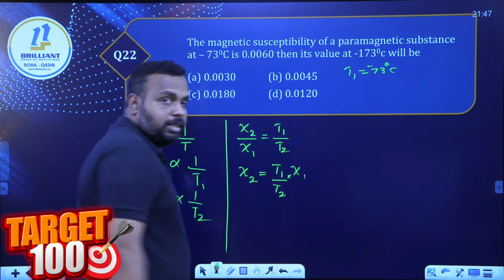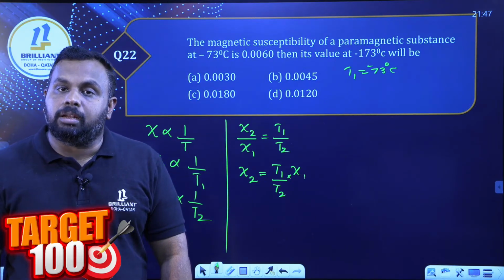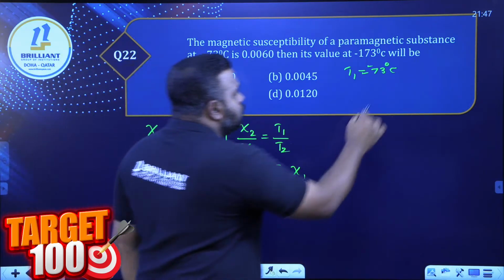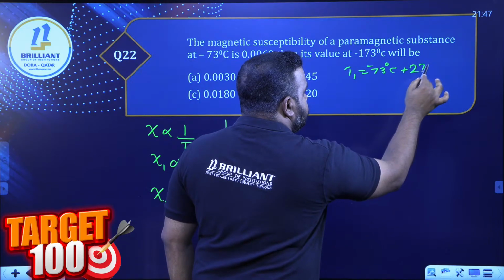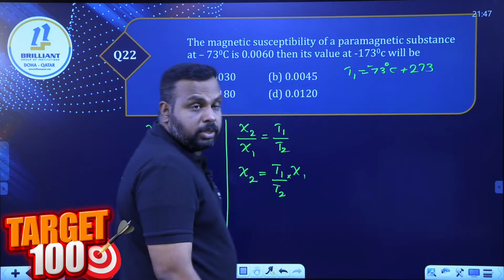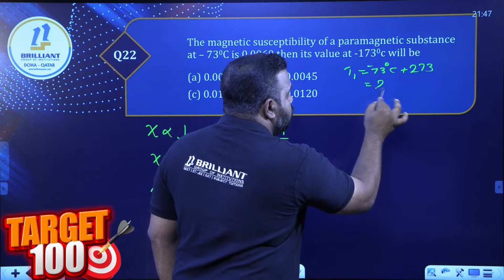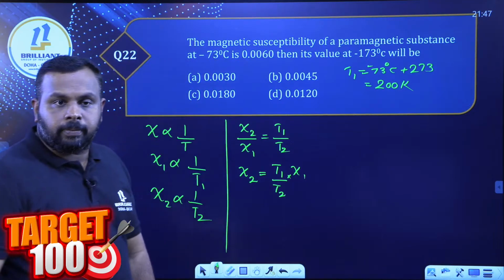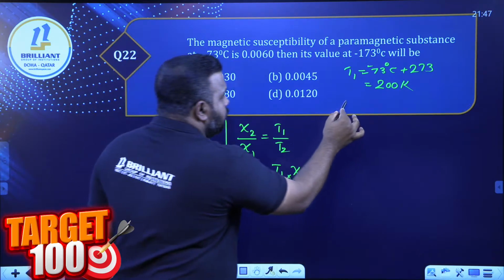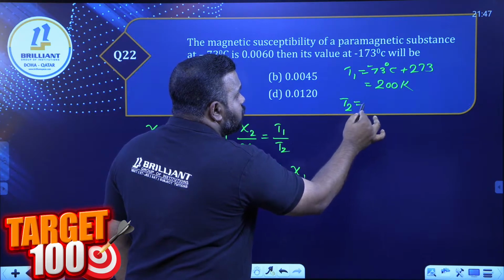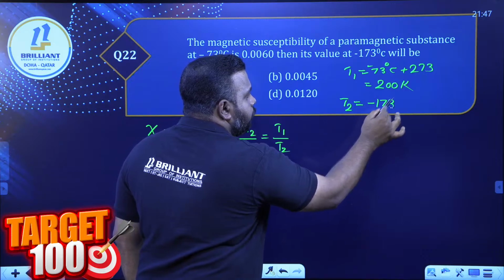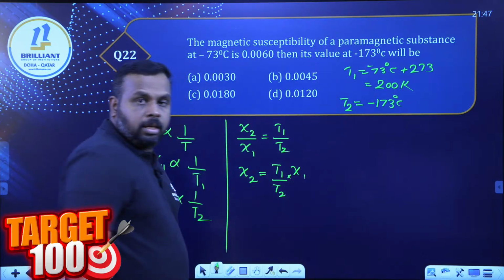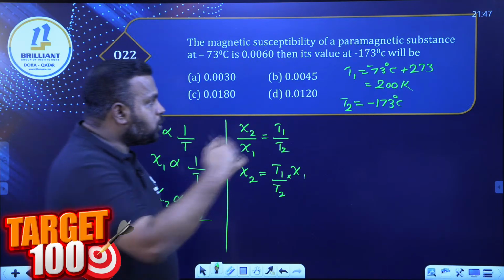It is equal to how many Kelvin? You can add plus 273, which means you will get 200 Kelvin. T1 is equal to 200 Kelvin. T2, the final temperature, is given as minus 173 degrees Celsius. We need to convert into Kelvin, plus 273.